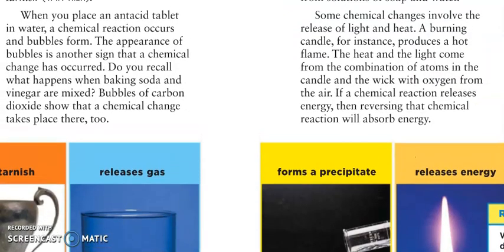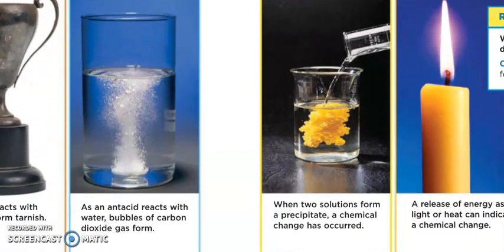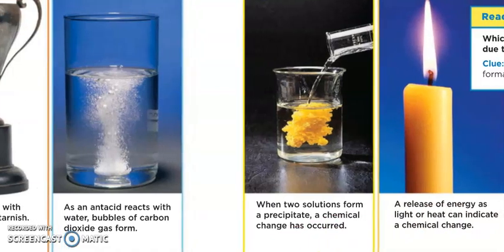Okay, guys. Some chemical changes involve the release of light and heat. So a burning candle, in this figure right now, shows that a release of energy as light or heat can indicate a chemical change.